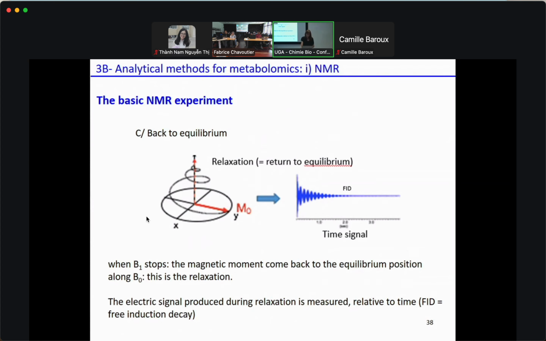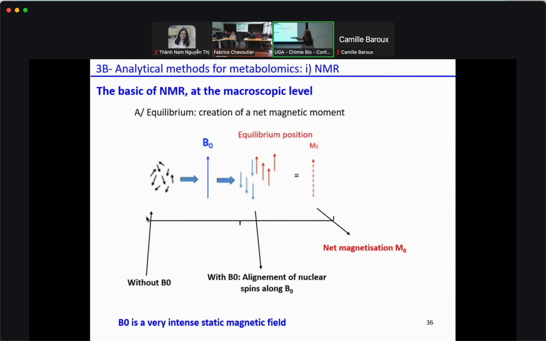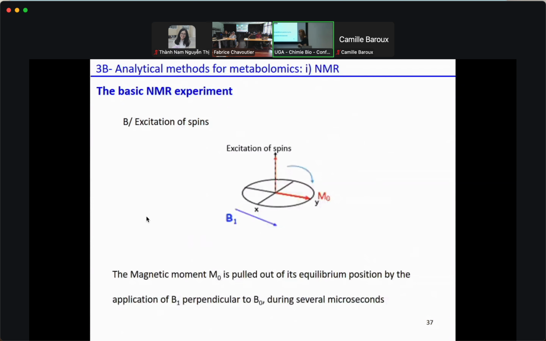So the spins align along the magnetic field. This is the equilibrium position, but there is no signal. To have a signal, as in all spectroscopy, it is necessary to pull the spins out of the equilibrium position. The excitation lasts some microseconds.